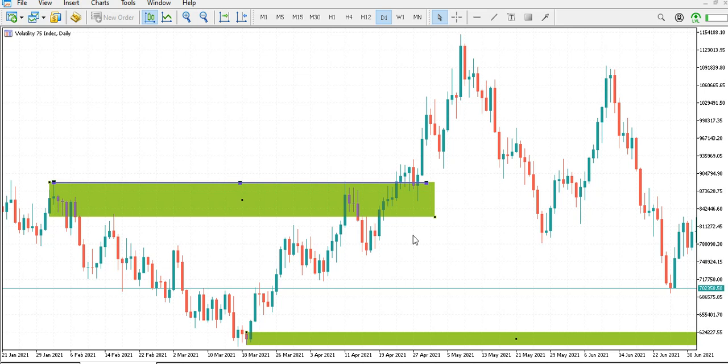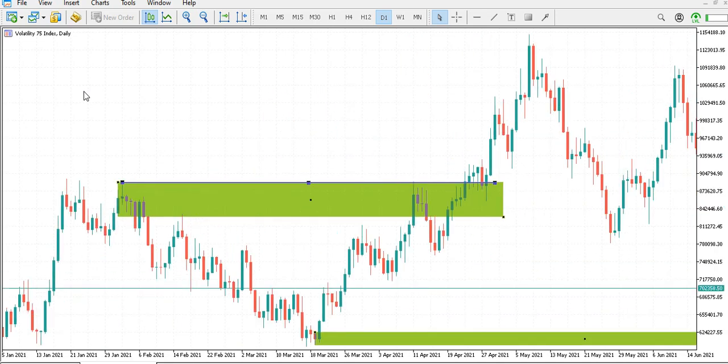So with that said, where do we put our stop loss and where is our take profit? Our stop loss, as I said, is below this candle here. That's where our stop loss is. And then our take profit, if we have a previous high somewhere here, then that previous high will be our take profit.